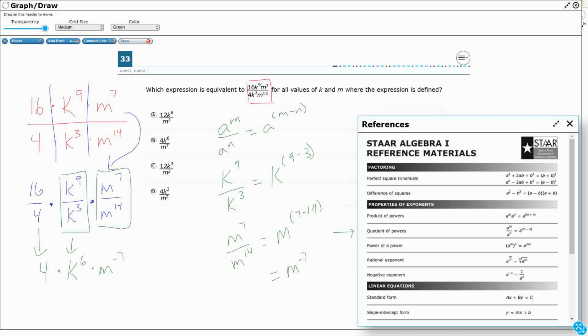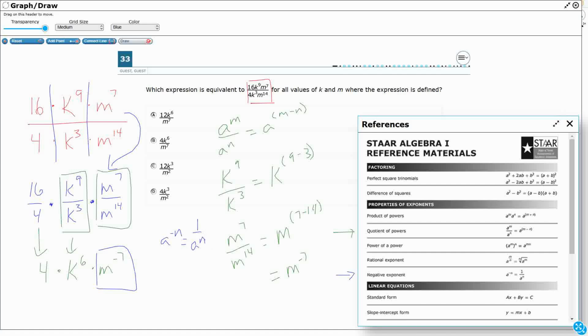You're not going to see it like that because there's one final step we need to do. It's that m to the negative 7, which is looking a little bit strange. And we actually need to go to another one of our rules, and that's this negative exponent. And that says if you have a to the negative n, really what you turn into is 1 over a to the n.